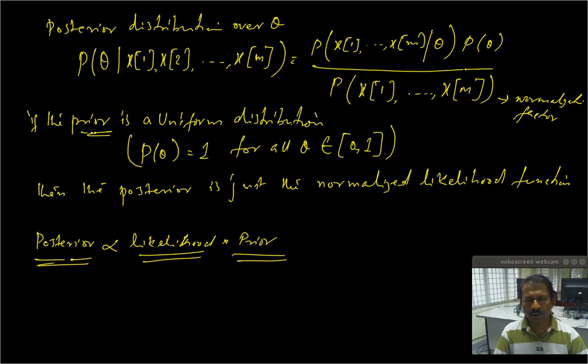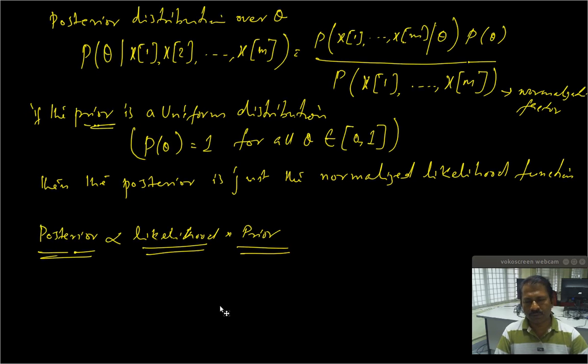So in this case we are assuming the prior is a uniform prior, so that the shape of the posterior will also be similar to the likelihood function, right? So this is the meaning of saying the posterior is just the normalized likelihood function if the prior is a uniform distribution.